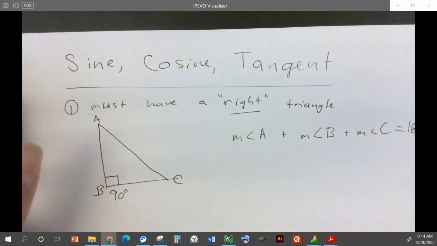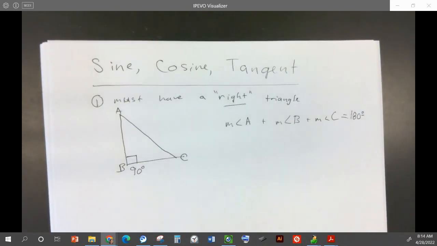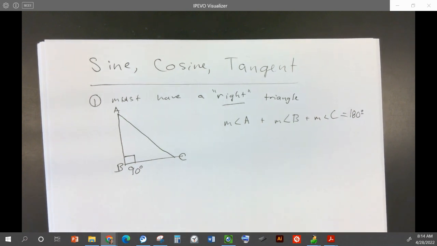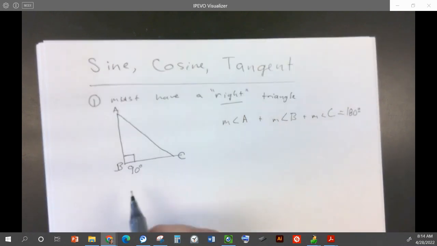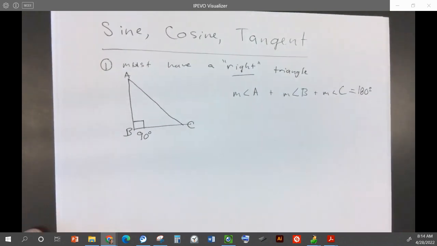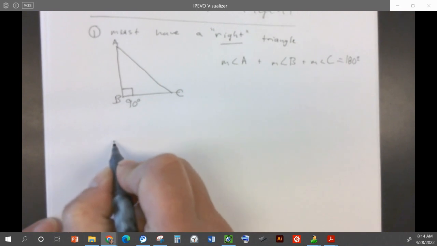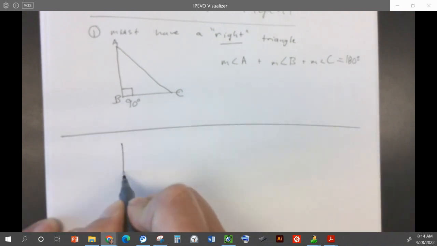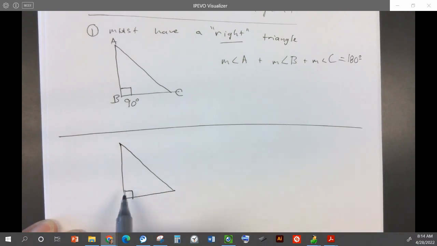You might have heard of radians before today, but while we're talking about this, we're just going to worry about degrees. These relationships must have this 90-degree angle somewhere in the triangle for this to work. All right, I'm going to draw another right triangle, so that's a 90-degree angle.